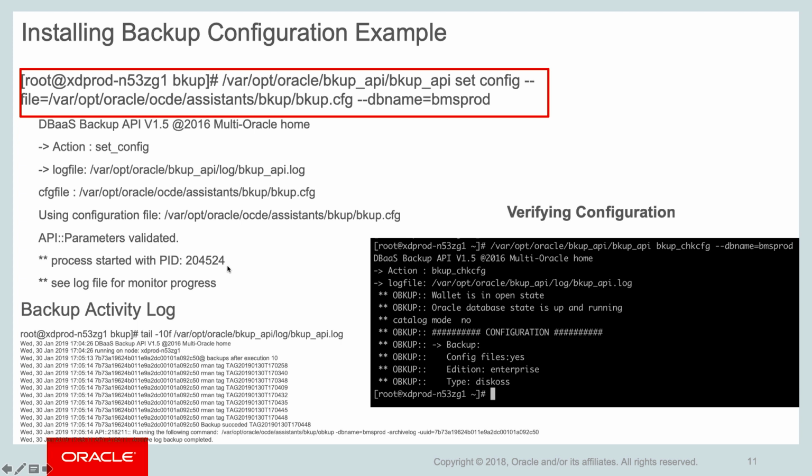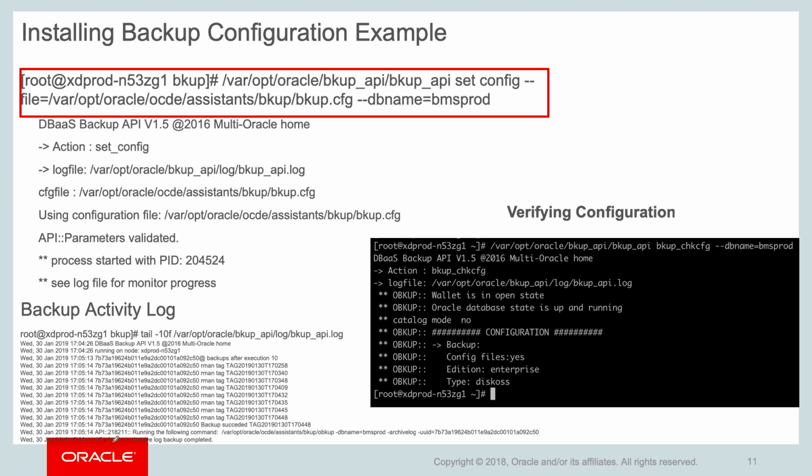You can always use ps -ef grep PID, and you'll be able to track what's going on with this particular command. Just for backup activity log, I have given a tail of this backup API.log, which I received from the command execution. And in this one, you can clearly see that I have given a backup to be started at 5 o'clock, just for testing purposes.